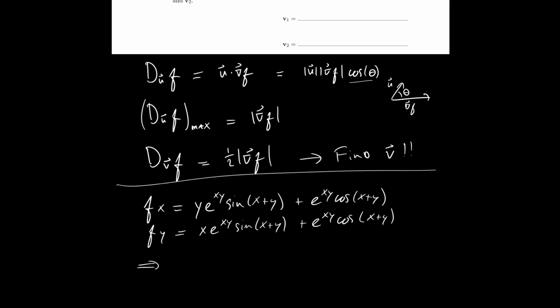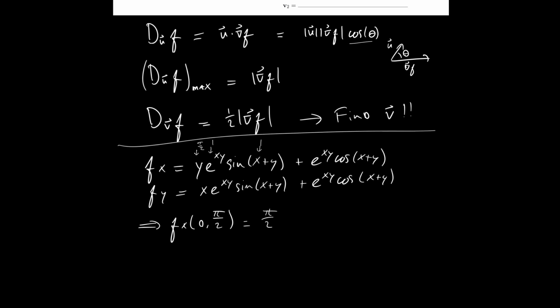So we find the partial derivative with respect to x at 0 comma pi over 2 is equal to, all right, so just fill in pi over 2 there, 0, e to the power 0 is 1. We get sine of pi over 2, which is also 1. So this is 1, this is 1, that's pi over 2. So we get pi over 2 for the first term, and then the second one, e to the power 0 times the cosine of pi over 2, but that is 0.